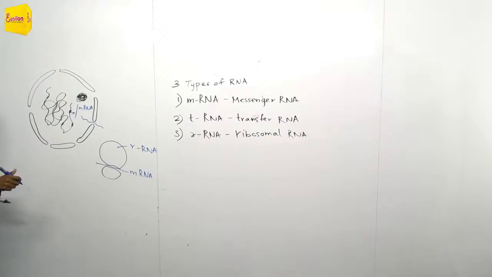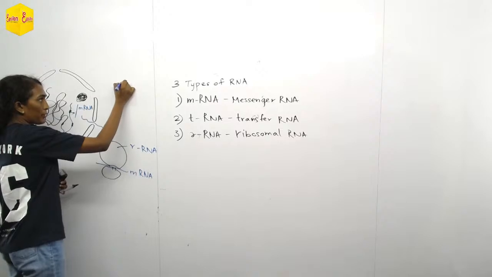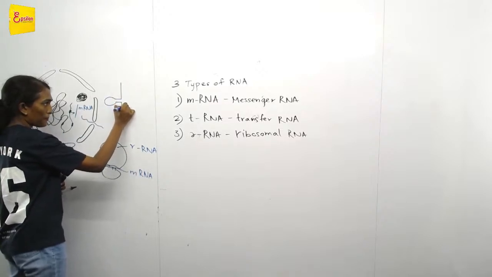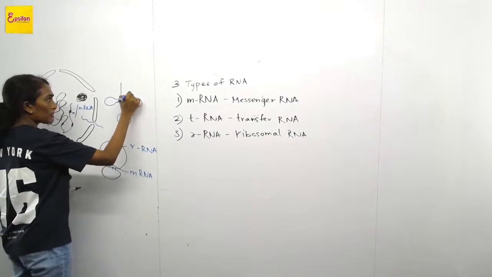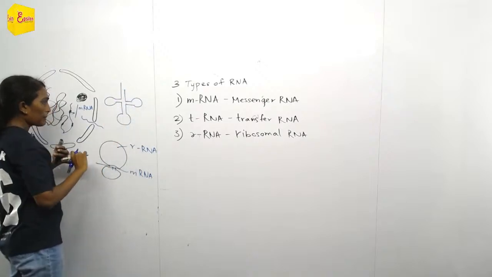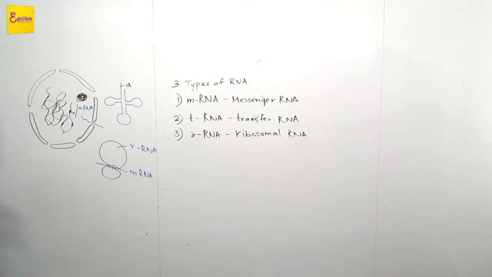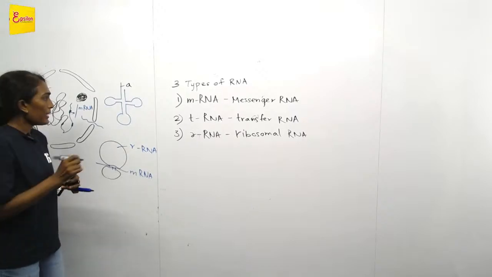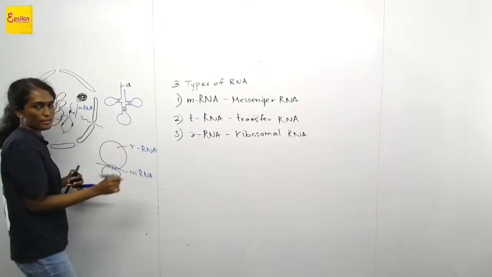According to the information in the mRNA, tRNA molecules in the cytoplasm come with relevant amino acids. Alright? So this is tRNA. tRNA is kind of a linear molecule, but it's folded. There are complementary hydrogen bonds in these locations, right?